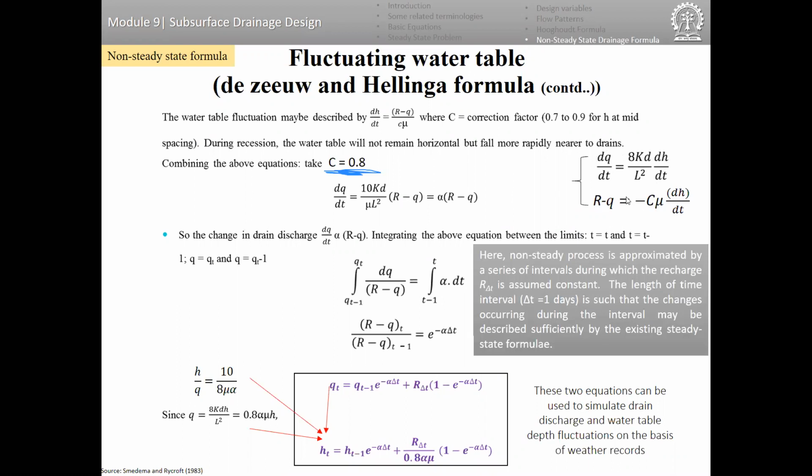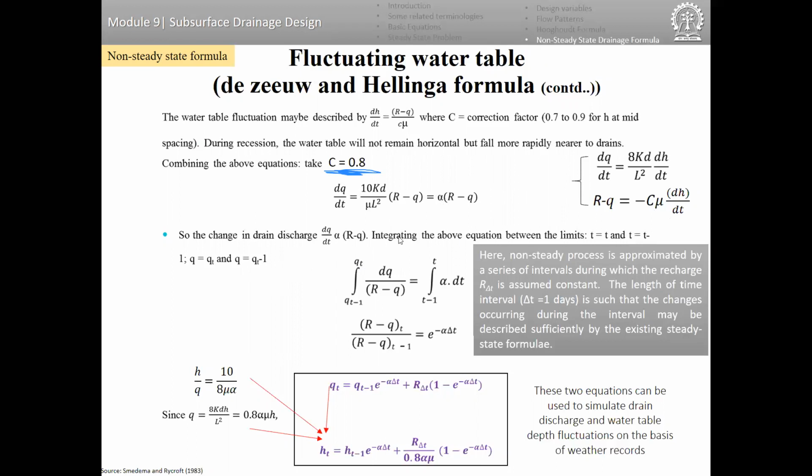Combining these two equations, we come up with dq by dt is equal to 10kd upon mu L square times R minus Q. So we are substituting the value of dH by dt, which is R minus Q upon C mu. So dq by dt is equal to alpha times R minus Q, or you can say the rate of discharge dq by dt is proportional to R minus Q, where alpha is the reaction factor.